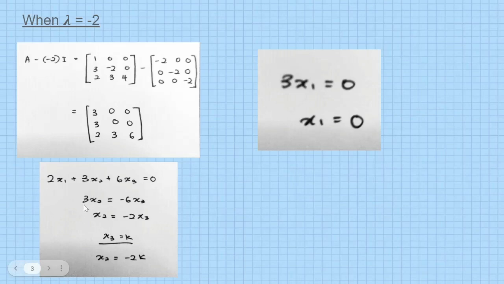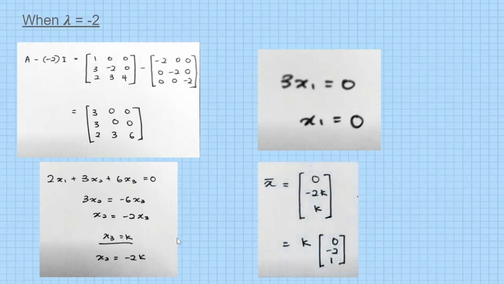After that, we simplify the equation and we get x2 equals -2x3. In this case, we assume that x3 is equal to k, which is a constant. So we replace x3 with k, so x2 equals -2k.